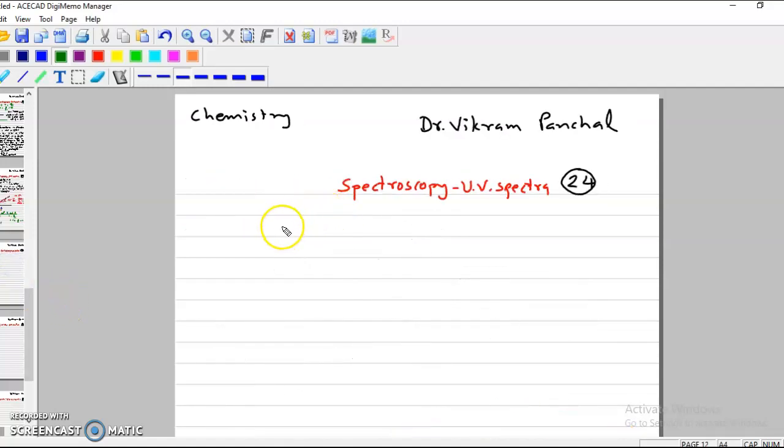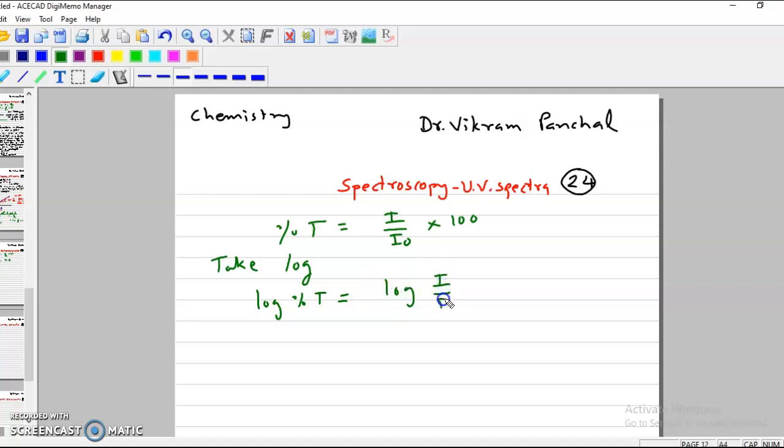If we take log on both sides, log of percentage transmittance is equal to log of I upon I0 plus log of 100.